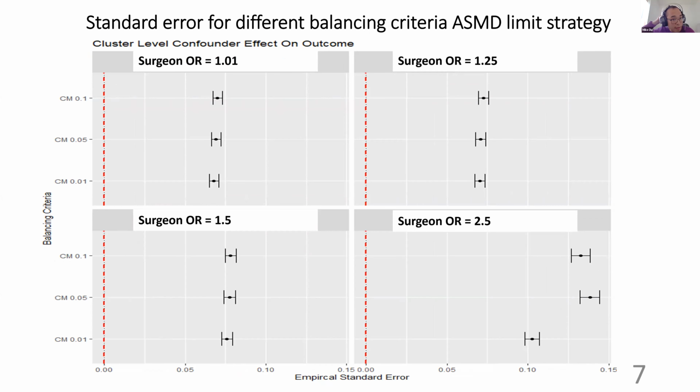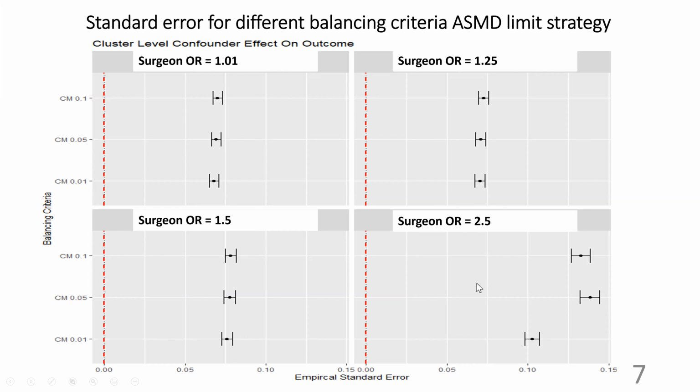And then these graphs show you the standard error of the simulation study, which tells a very similar story compared to the relative bias graph I just showed you. So with a surgeon odds ratio of 1.5 or less, having a limit of 0.1 or 0.05 gives you similar results, and 0.01 doesn't actually give any improvement.